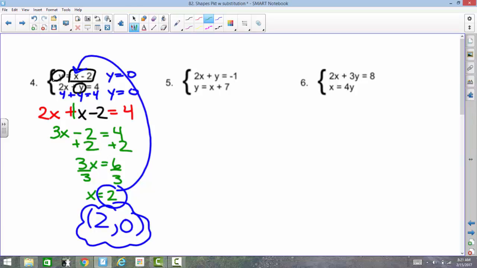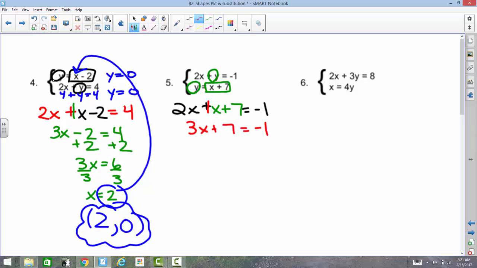More with substitution. In 5, this y is solved for. So that goes right there in for this y. So 2x plus x plus 7, that's your substitute, equals -1. So 2x plus 1x is 3x.